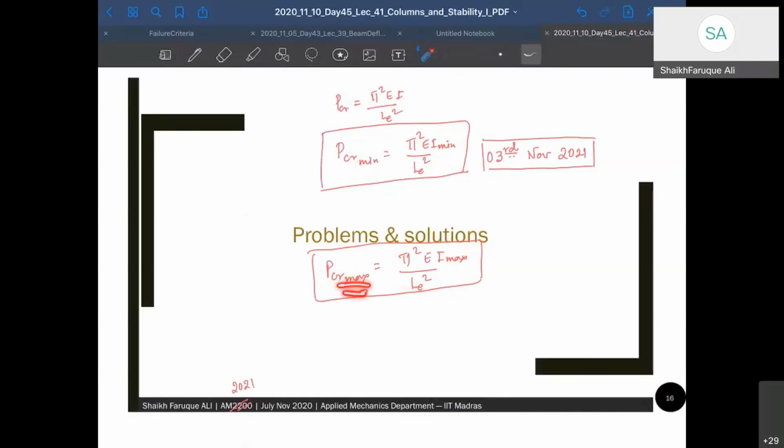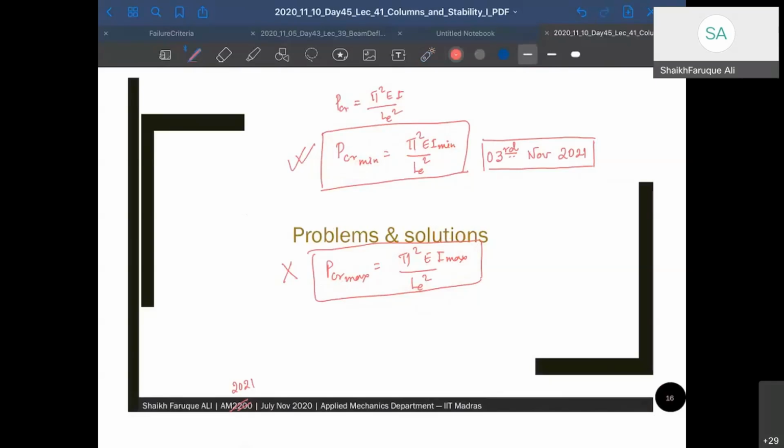I have to choose PCR min, because in that case, this smaller section with smaller I will take up that load. Even the higher section can take up that load, right? So I am safe. My design is always a safe design. I have to always go for a safe design. Therefore, I have to choose this one and not this one.